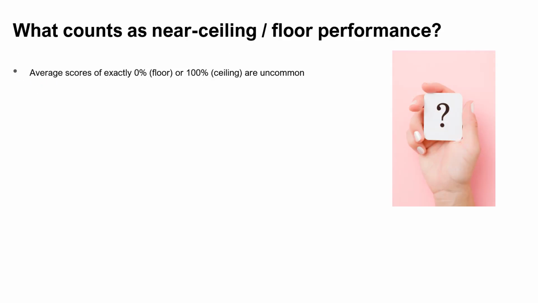Average scores of exactly 0% or 100% would be quite uncommon. And note that if you have a task with two different options, 50% accuracy levels would actually equal floor performance. So if you only have two options to choose from and one of them is always correct, then even if you are guessing, you are going to score at around 50%.